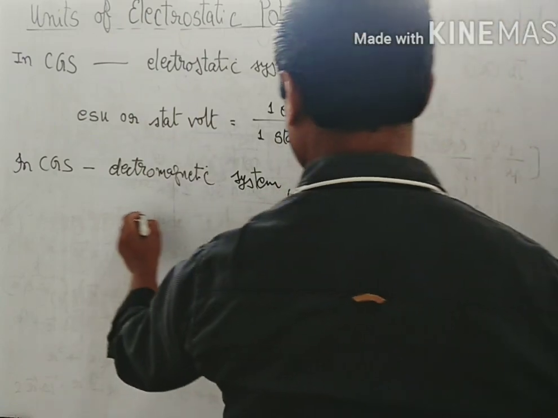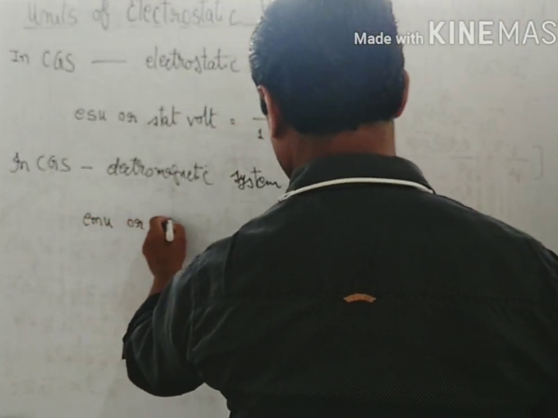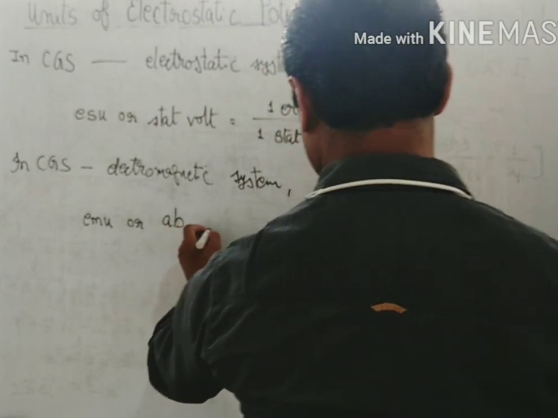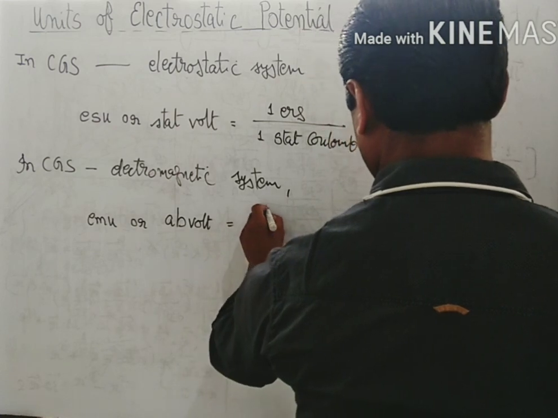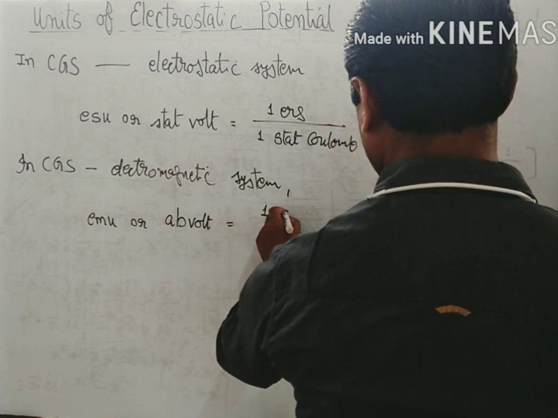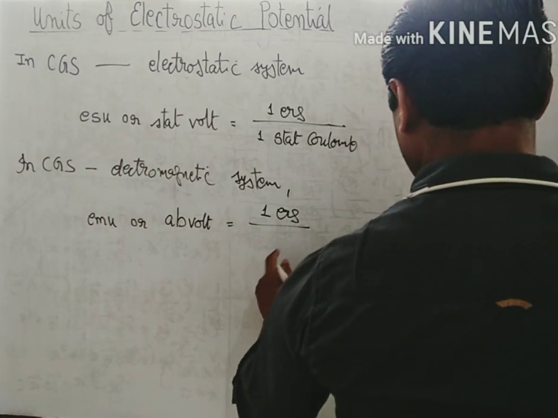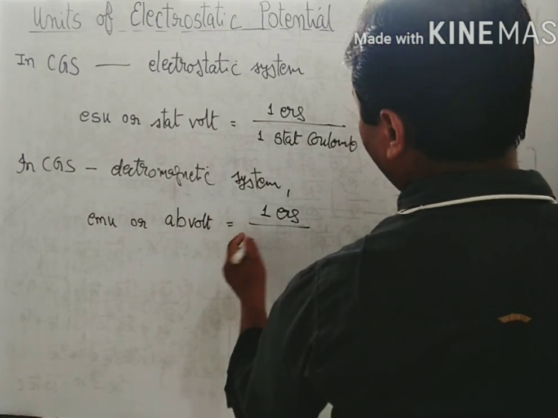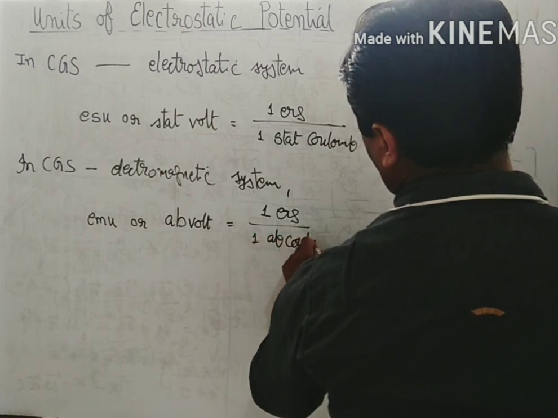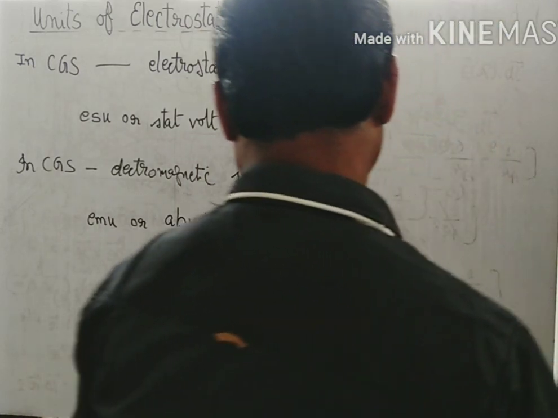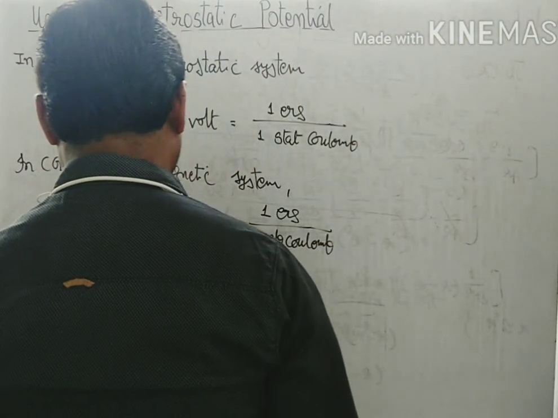Electromagnetic system, we can have EMU of potential or ab volt, which is equal to again 1 erg upon, what's the unit? Ab coulomb. So 1 ab coulomb. So this way we can have the definition of this.